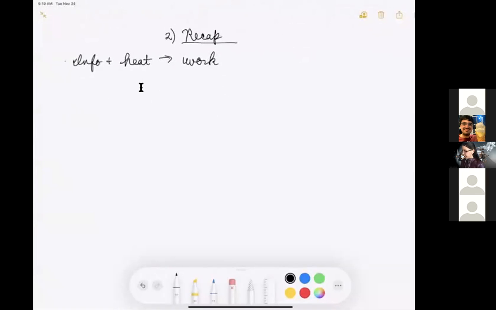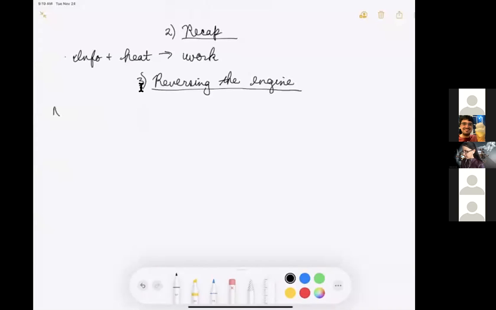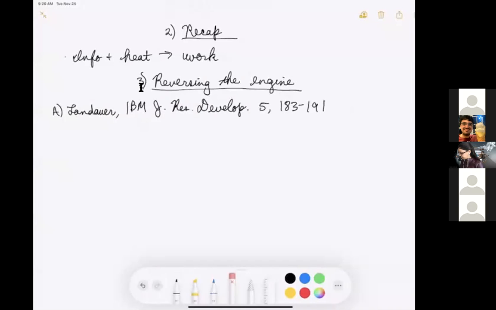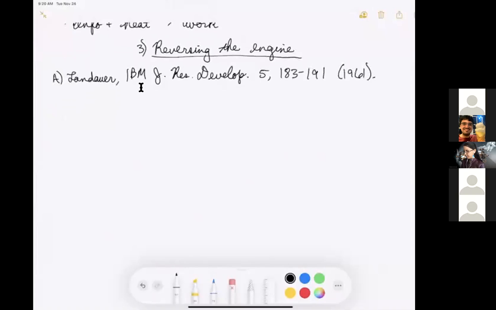And in part 3, we will reverse the engine. This story was developed by Rolf Landauer, who worked at IBM, in 1961.